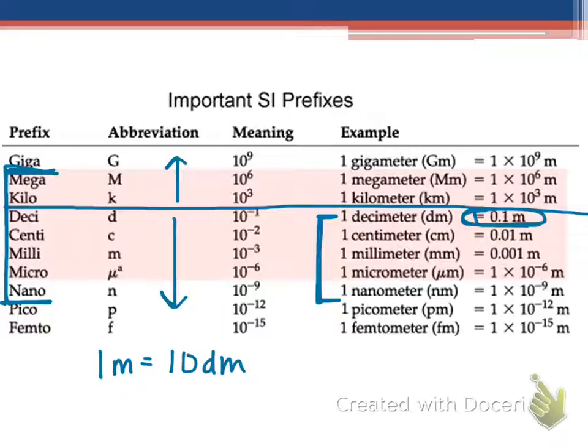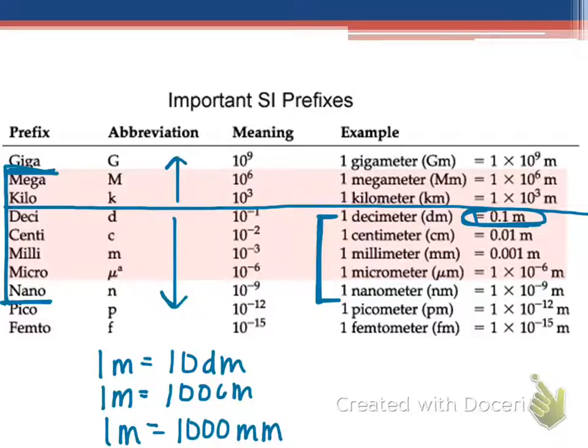I know it seems like a lot going on, but if I'm looking at centimeters, how many centimeters are in a meter? 100 centimeters are in a meter. 1 meter equals 1,000 millimeters. 1 meter equals 1 times 10 to the 6th micrometers.